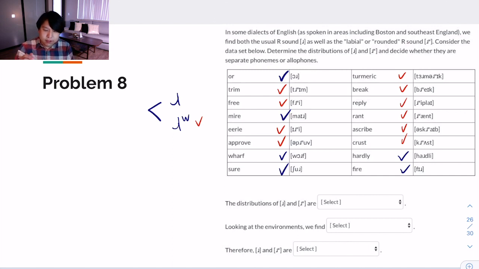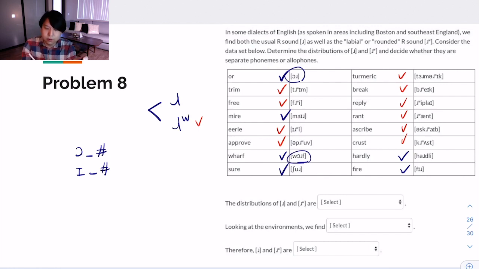So for the first R without W, let's see what kind of environment it is in. It's in Meyer. It's also at the end of a word.